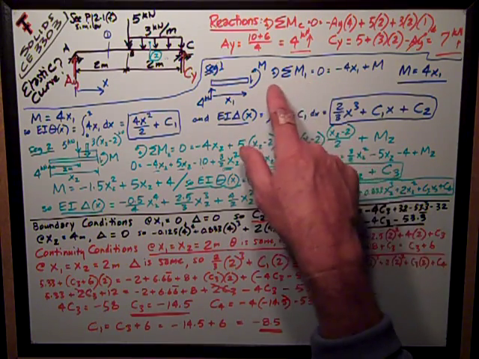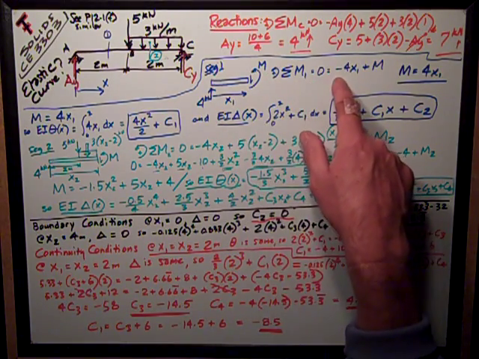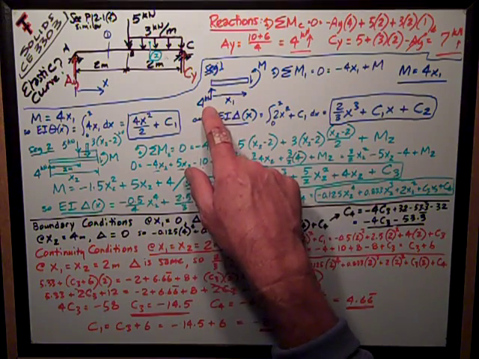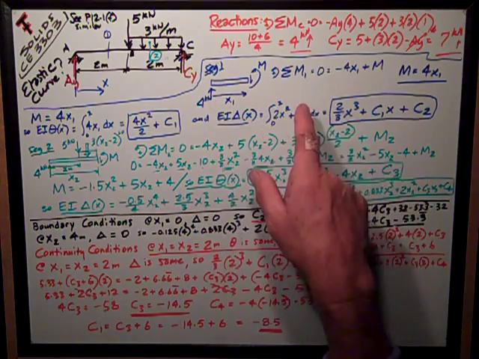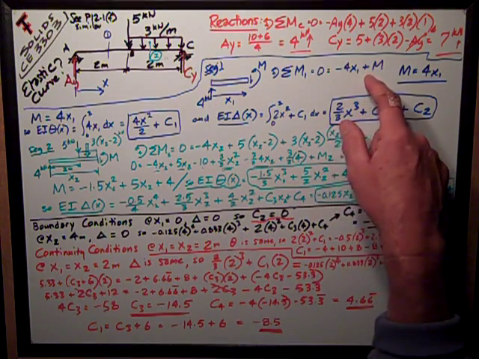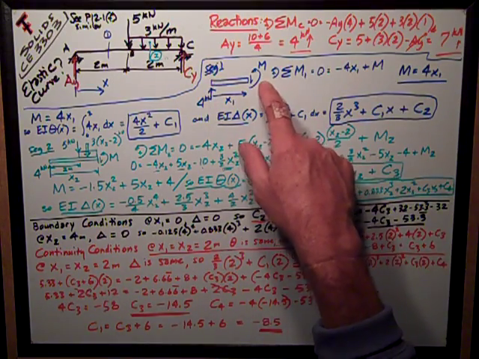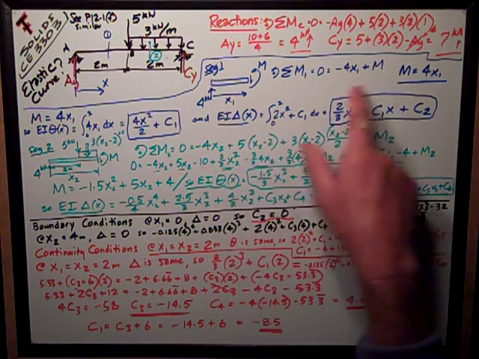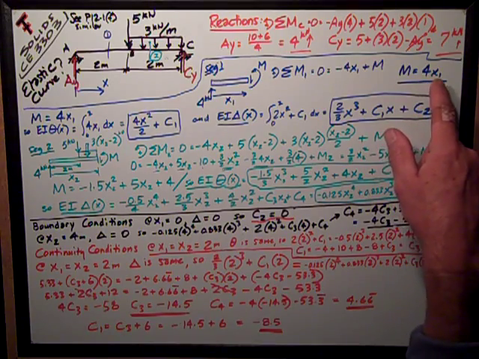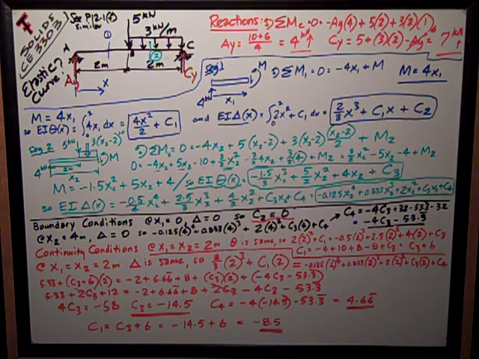Sum of moments is 0, counterclockwise is positive. All I have is negative 4 times the x1 distance, negative because it's clockwise, plus M. So the equation for the moment in that segment is M equals 4 times x1, in units of kilonewton meters.